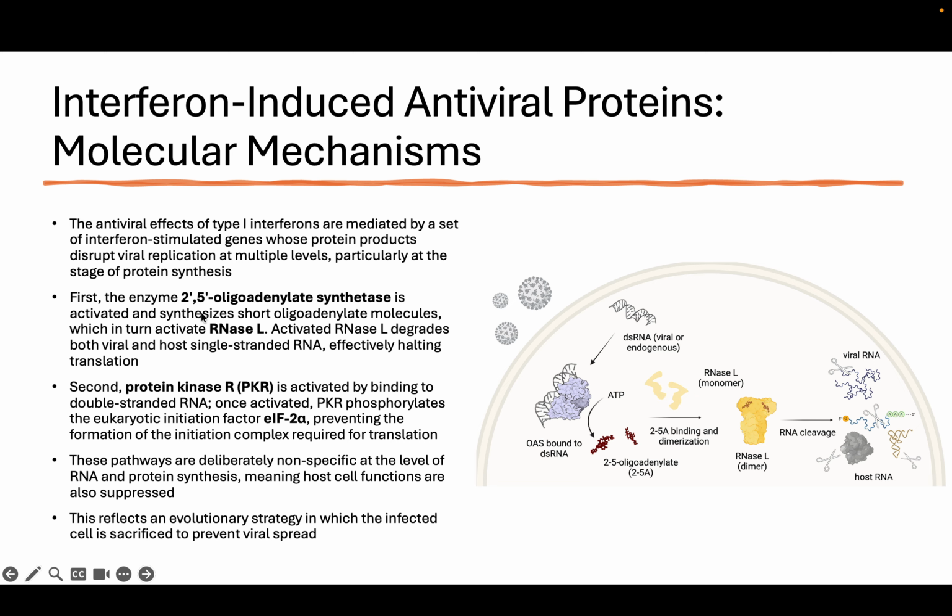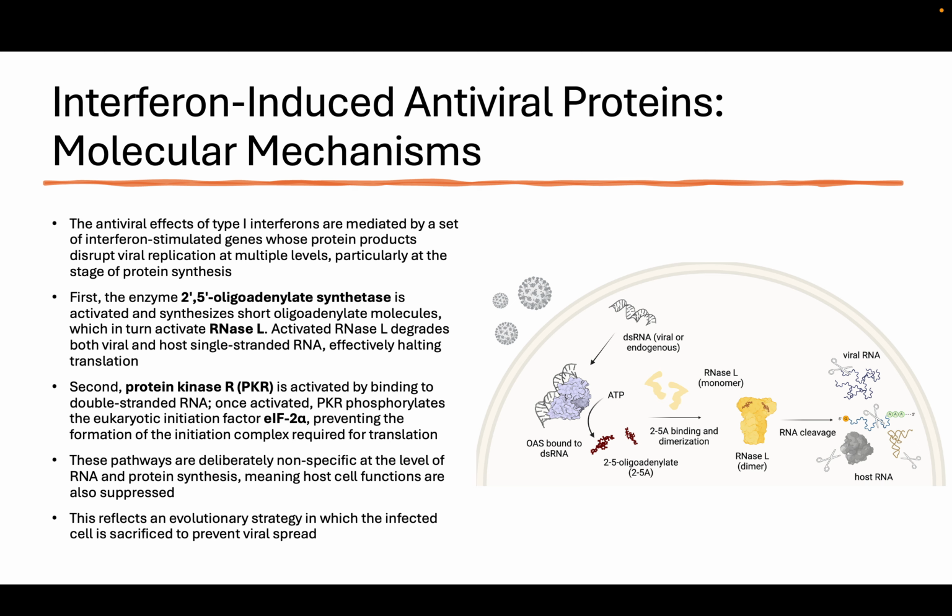The first one that I really want to talk about is the production of this enzyme called 2',5' oligoadenylate synthetase. It synthesizes short oligoadenylated molecules, these 2',5' oligoadenylate molecules. They bind and dimerize together, and they bind specifically to RNase L. RNase L starts to cleave any single-stranded RNA.